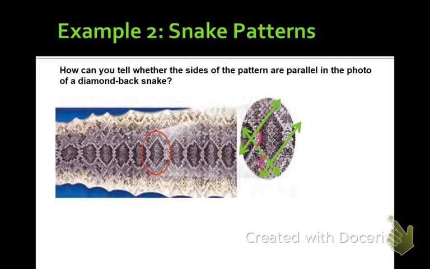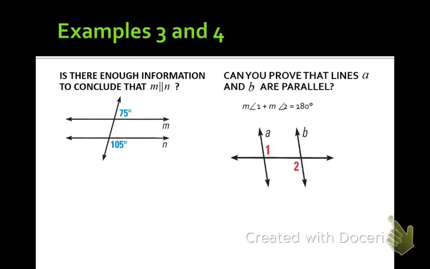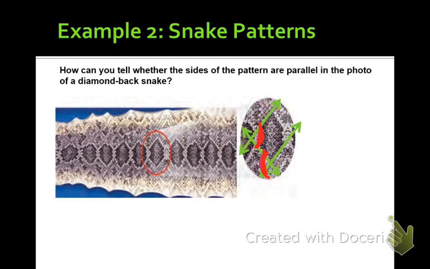And if we know that the angles formed by those two lines and the transversal, in this particular case, those particular angles, what type of angles are these? Interior, what kind of interior? Yeah, alternate interior angles. Since they're congruent, then we'll know that the sides of these patterns are parallel, right?